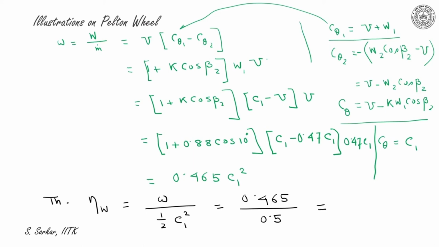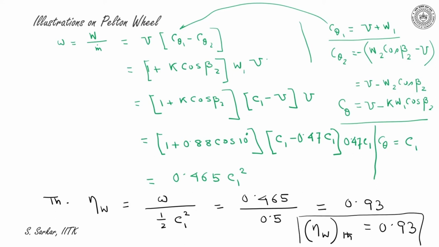If I do the calculation, I have got 0.93. Therefore, I got another answer: eta W theoretical, where suffix th means theoretical, is 0.93. This is another answer. Let me proceed further.